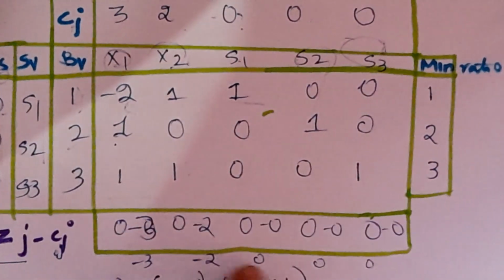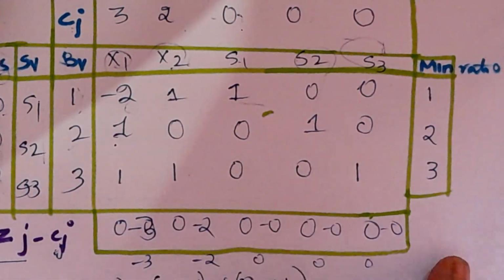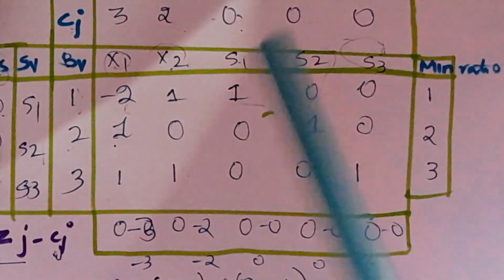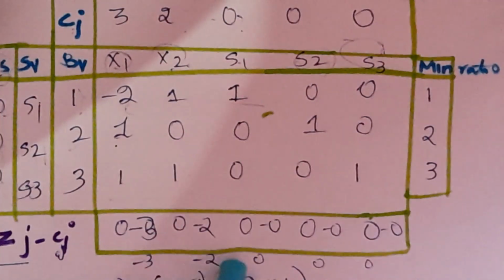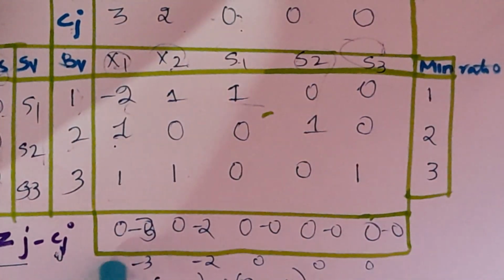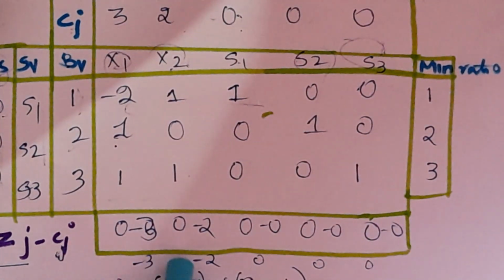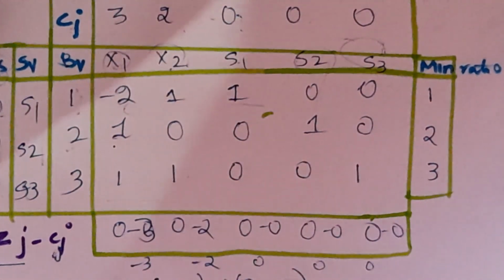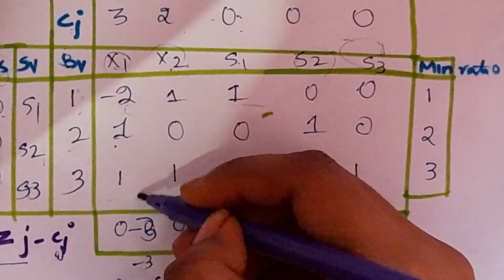Now from the Zj minus Cj values we have to consider the most negative value. Which one is the most negative value? Minus 3, right?